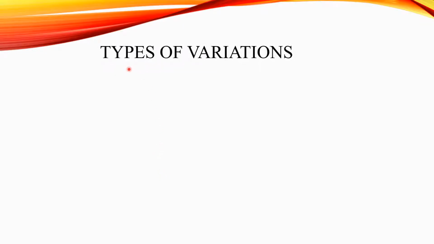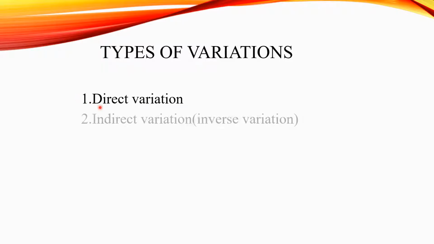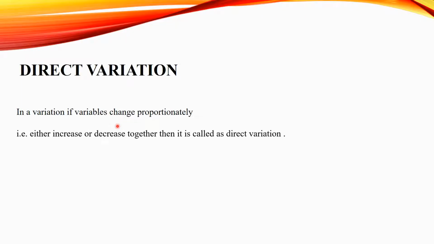Types of variations. Now we have learned about direct variation and indirect variation, that is inverse variation. Now what is direct variation? In a variation, if variables change proportionately, that is, either increase or decrease together, then it is called a direct variation.